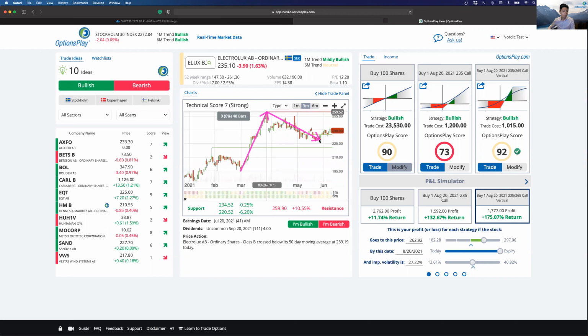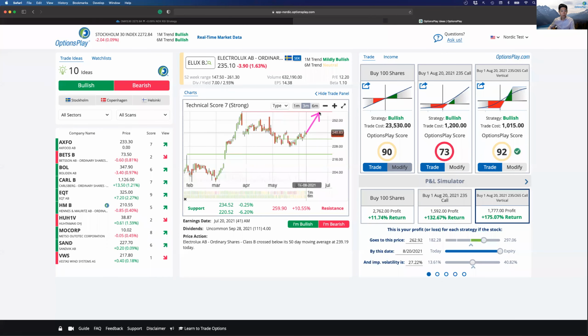It's pulled back about half of that move, down to about 225 or so, and is now starting to resume its uptrend. So perhaps this is a stock that you think is going to revisit that 260 all-time high, around 261 or so. And there are a few ways that you can play this. You can buy a call option, you can buy a call spread.